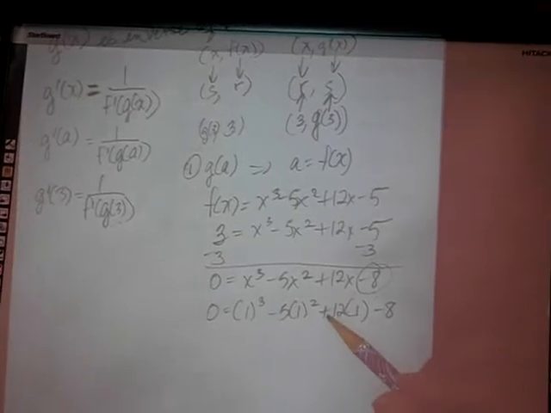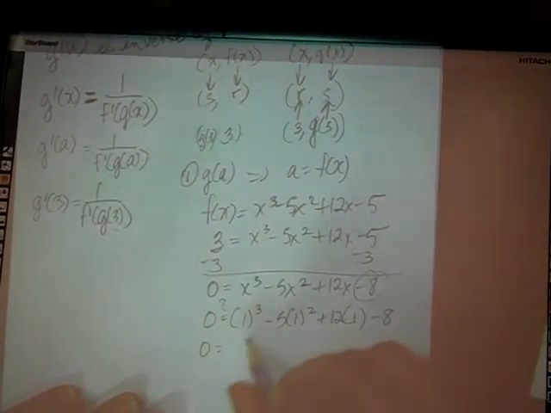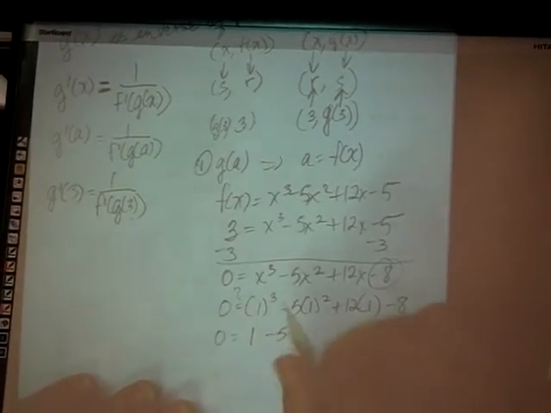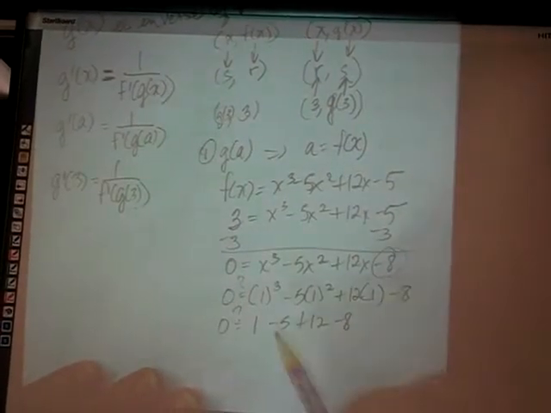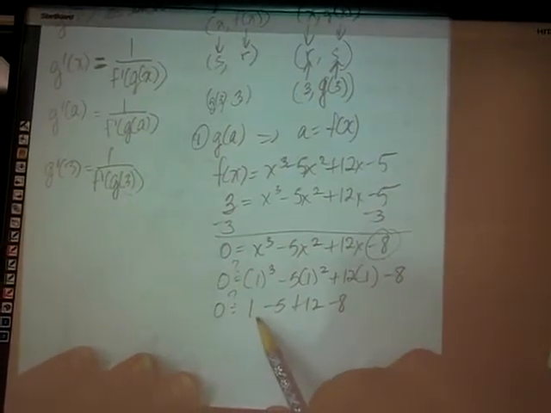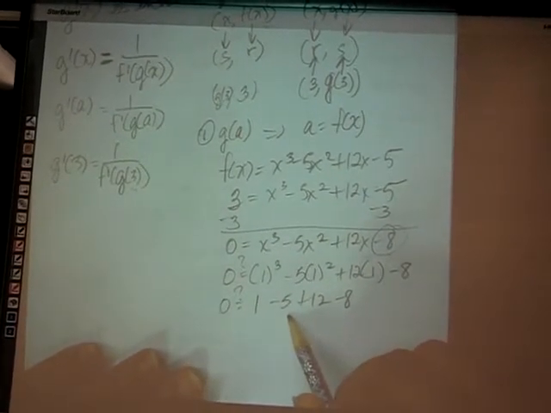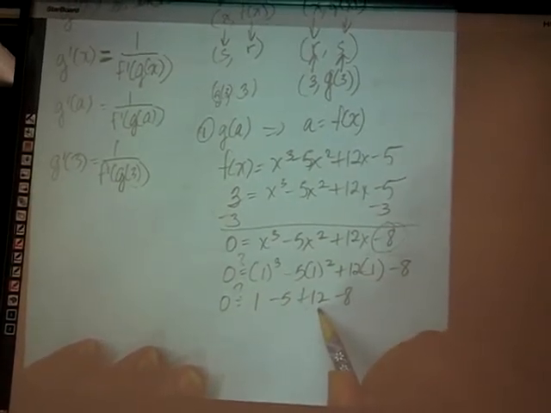If I simplify that, 1 cubed is 1, minus 5 times 1 squared is 5, plus 12 minus 8. Well, 1 minus 5 is a negative 4. Negative 4 plus 12 is 8.